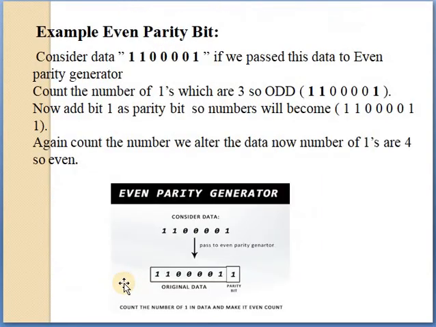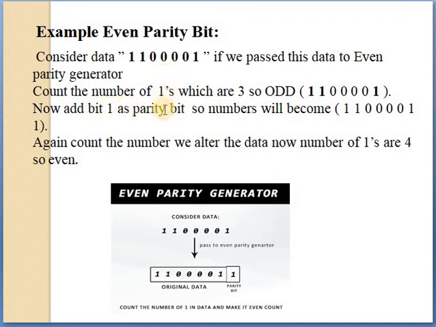Next point is the example of even parity bit. Consider the data 11000001. If we pass this data to the even parity generator, count the number of ones, which is 3. That is an odd number. Now add 1 as a parity bit.